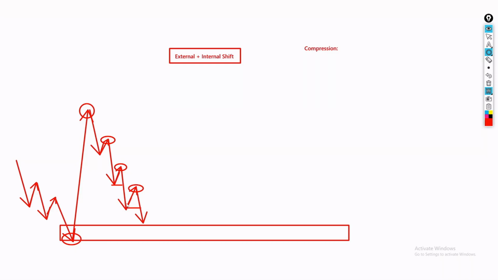You want to watch what move caused the low that is currently being made, and look at that. Once you identify it, you can very well see in this case that the move that made the low is this high over here, so you want that to break first, and this is going to be known as your external shift.